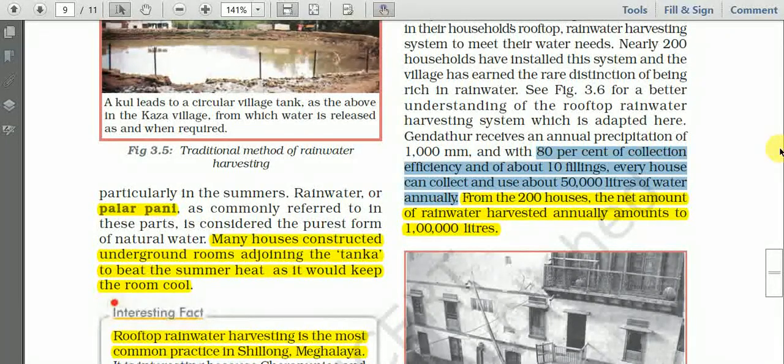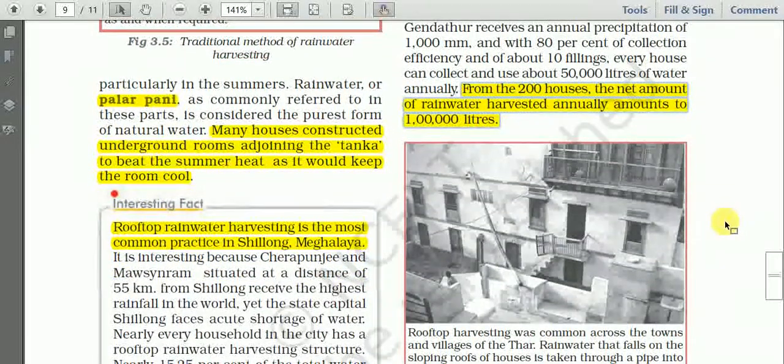In Gendathur, a household can collect 50,000 liters of rainwater in a year. So if we multiply this with the households, from the 200 houses, the net amount of rainwater harvested annually amounts to 1 lakh liters. This is just an example.